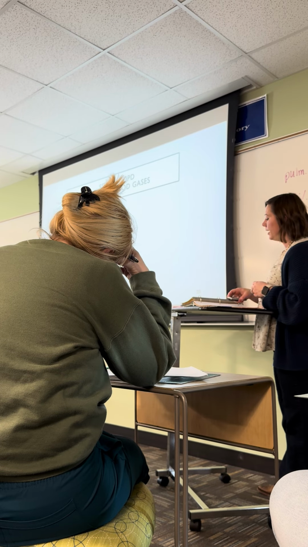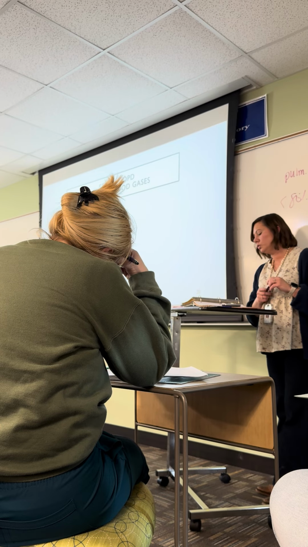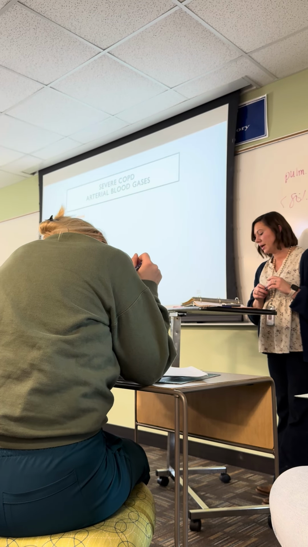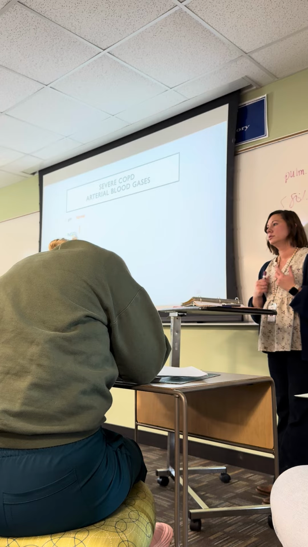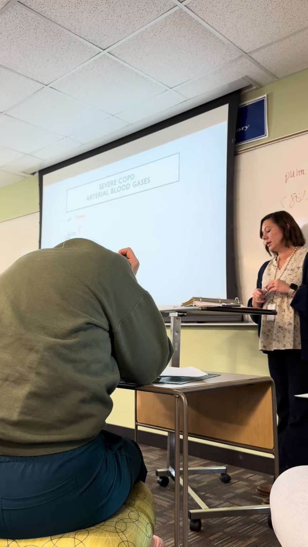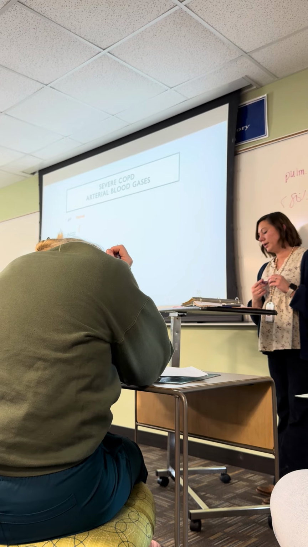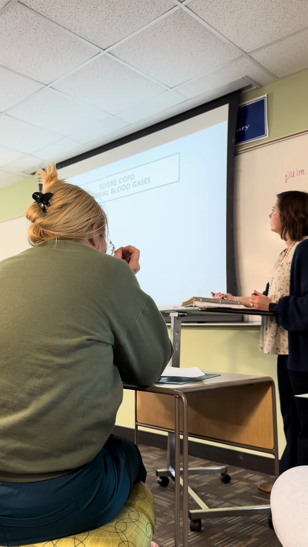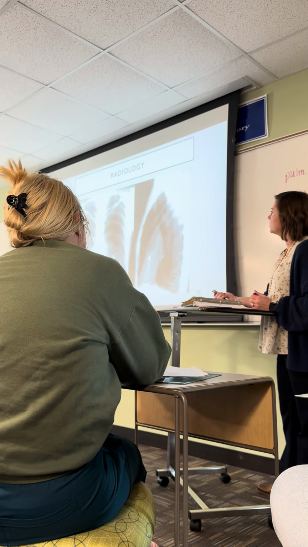So once they have compensated, usually our severe COPD patients have definitely compensated, that pH is then going to be normalized, right? CO2 will be up, bicarb will be up, and of course our oxygen's always going to be down. I don't expect you guys to memorize those.